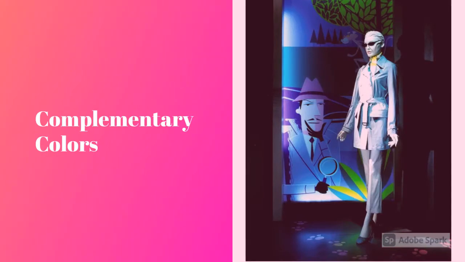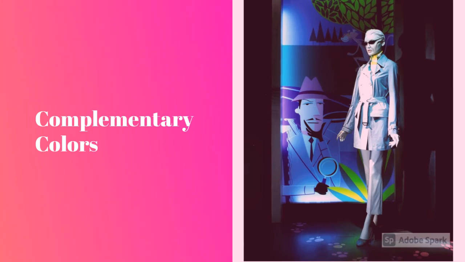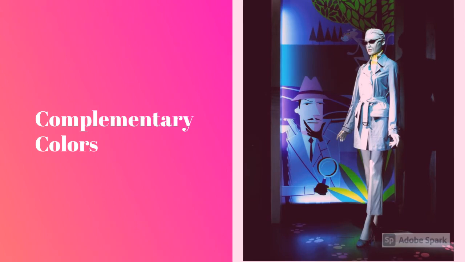And then again, on that wheel, there are colors that complement each other, right? So you'll see red and black together a lot, right? But you won't necessarily see red and purple. Not that they don't go together, but they usually are not colors that we put together.